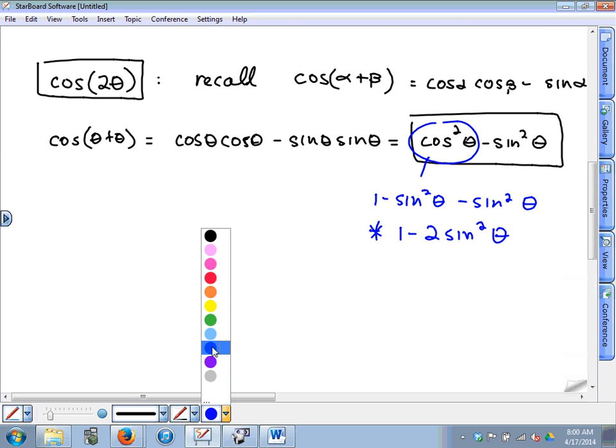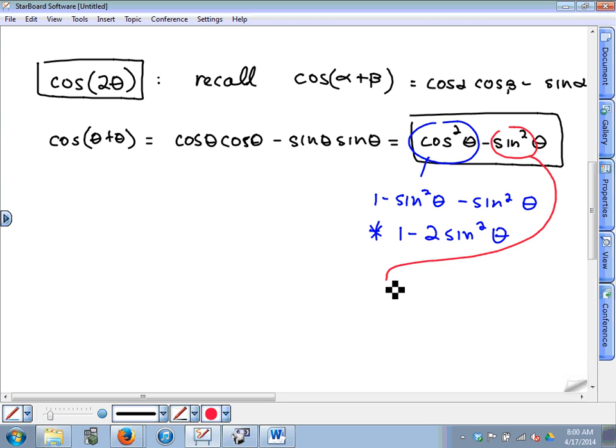And we can do the same thing with sine squared now. What is sine squared? Actually, we have to do it this way. I'm going to start with cosine squared theta minus 1 minus cosine squared. And here's where you have to be careful. Do these cosines really cancel out? No. They don't, because you have to distribute that minus sign.